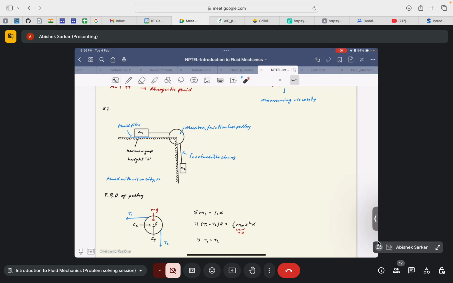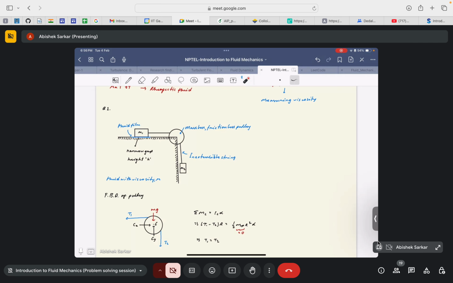Now the equation of motion for mass m1: in the normal direction, the forces balance each other, N is equal to m1 into g. The tangential forces along the x direction, summation of Fx is equal to m1 into a1, where a is the acceleration of this block.